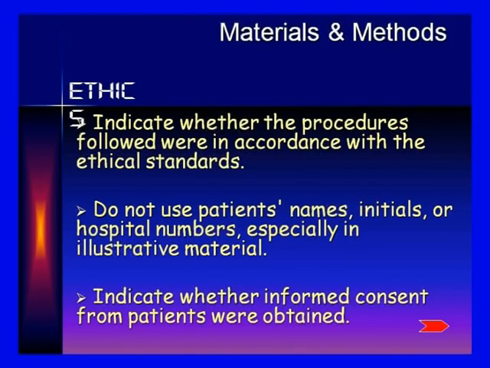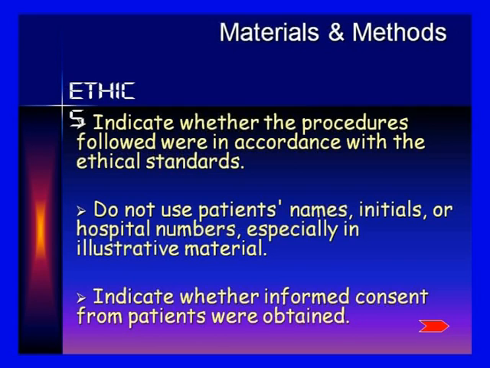So whatever you write, your manuscript under materials and methods should state whether local animal ethics committee permission has been obtained or not. That is very important. Then when you are using patients, patients' names should be avoided, as well as initials and hospital numbers.